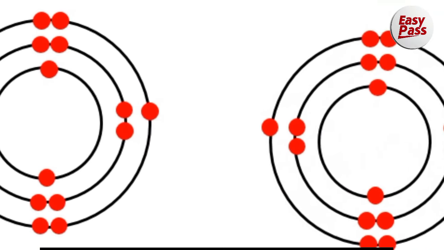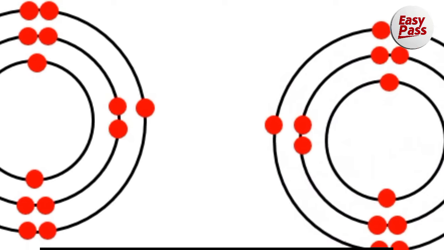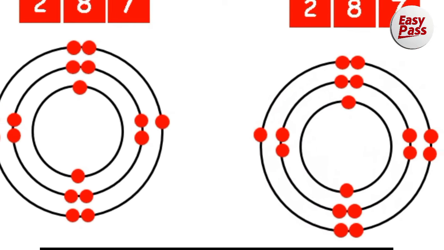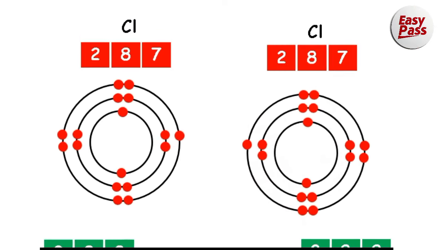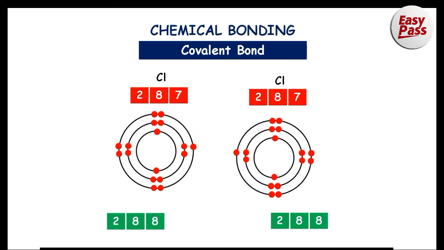Instead, they have to share this last electron in the outermost shell so that they belong to what? Group 8. The last electron on the outermost shell of one chlorine will be shared with the single last electron on the outermost shell of the other chlorine for them to belong to group 8.